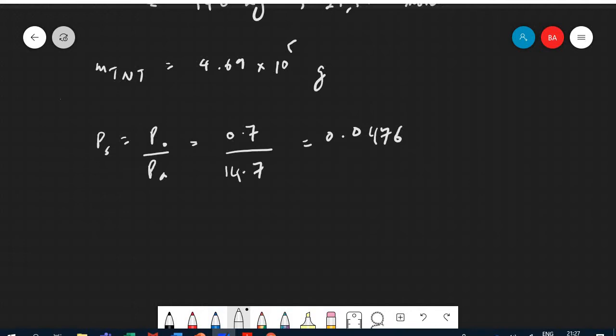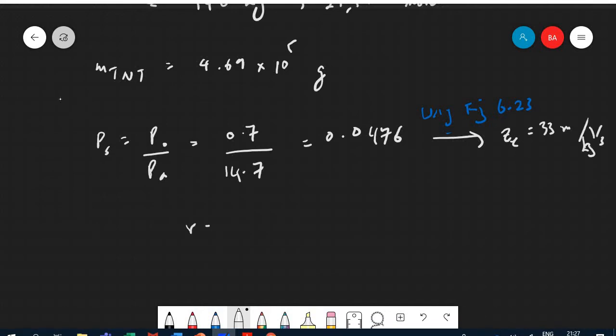And then using the figure here, which figure is it? I'm going to write the number of the figure, figure 6.23. So using figure 6.23, we are going to get the ZE is equal to 33 meters per kilogram to the power 1/3.